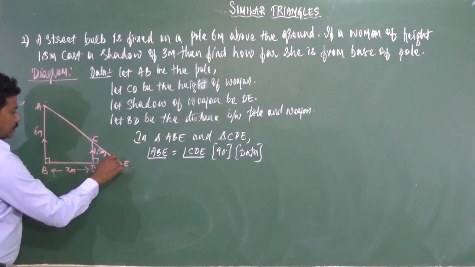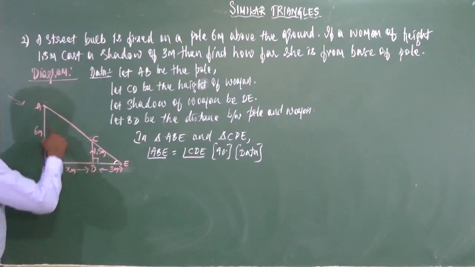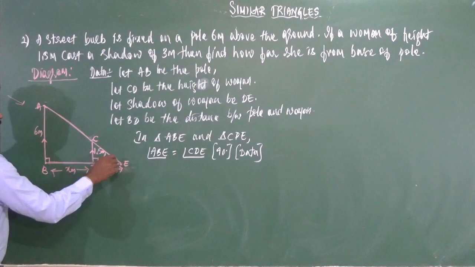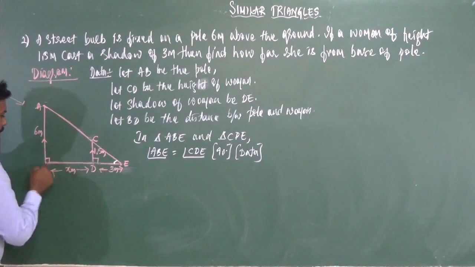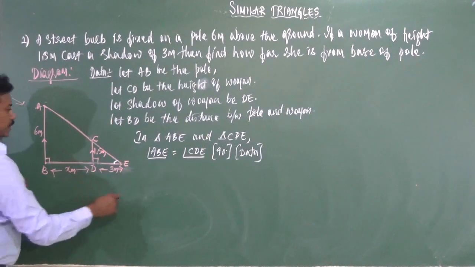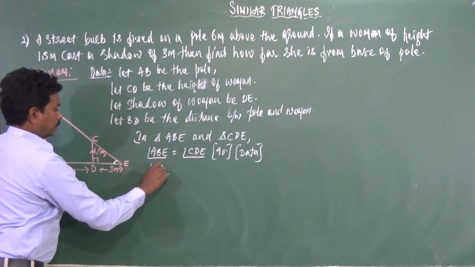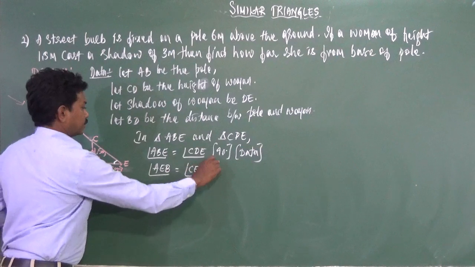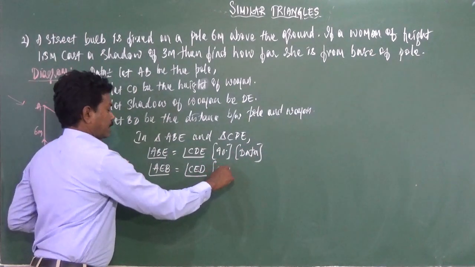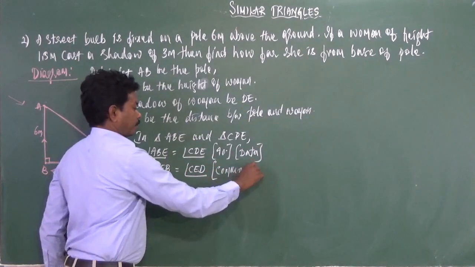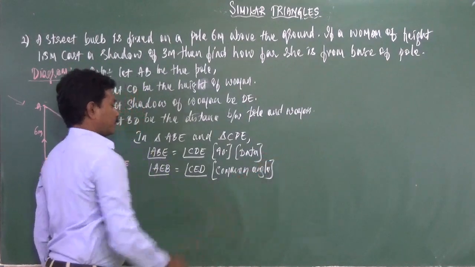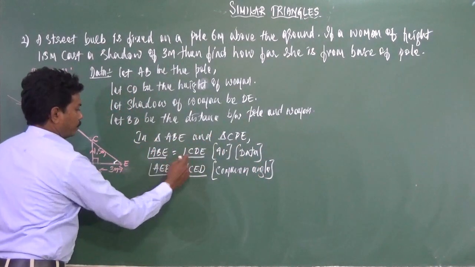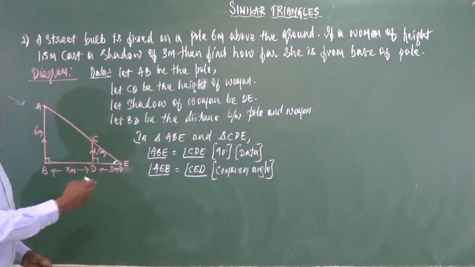This angle is common for triangle ABE as well as triangle CDE. So angle AEB is equal to angle CED. The reason is common angle. Now in these two triangles, two pairs of corresponding angles have become equal.